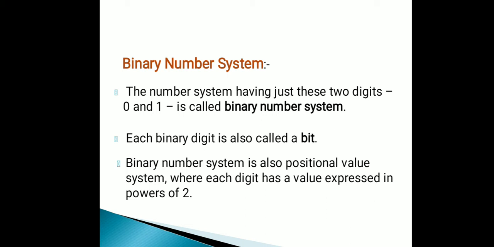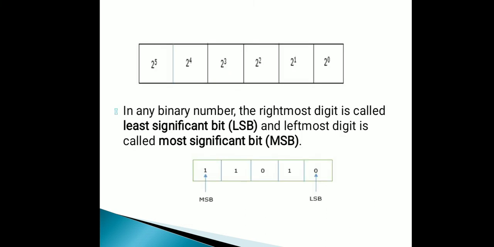You have seen examples of how you represent a number using base 10 and the positional value. I'm just going to show you an example here. From right to left you can see 2 to the power 0, 2 to the power 1, 2 to the power 2, 3, 4 and 5.